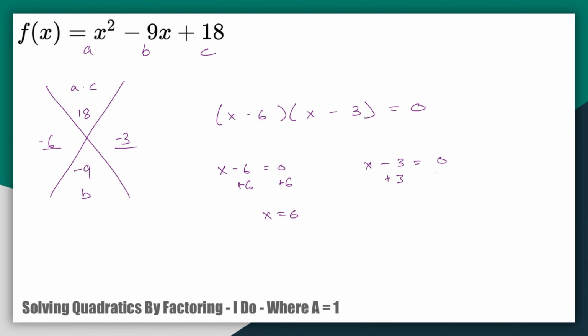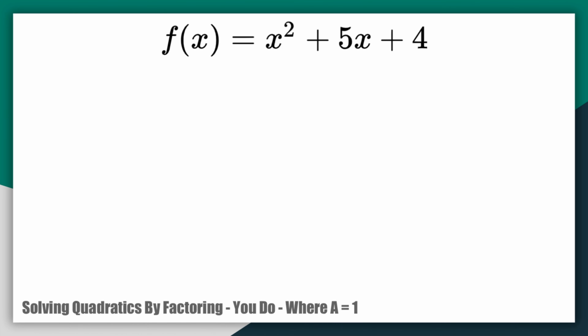You add 3, you get x is equal to 3. Boom and boom. Those are your two answers. Now notice, before I give you one to do, you could not have used solve by square root for any of these. And that's a key idea here. There is a time and a place to use one of these methods.